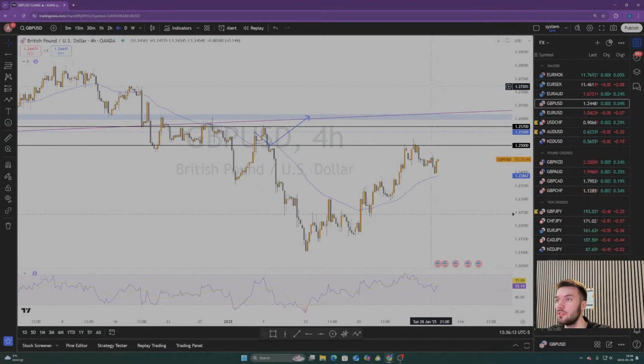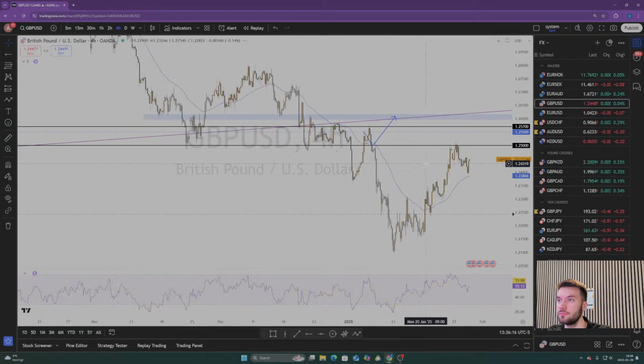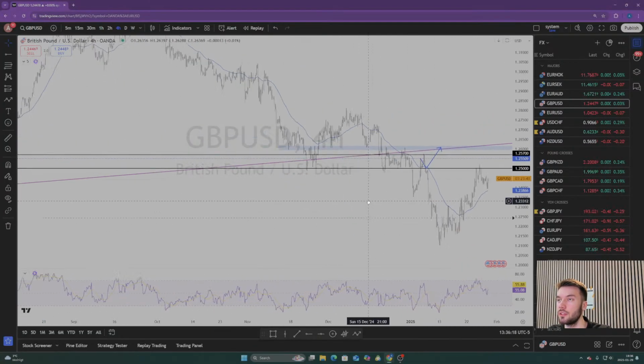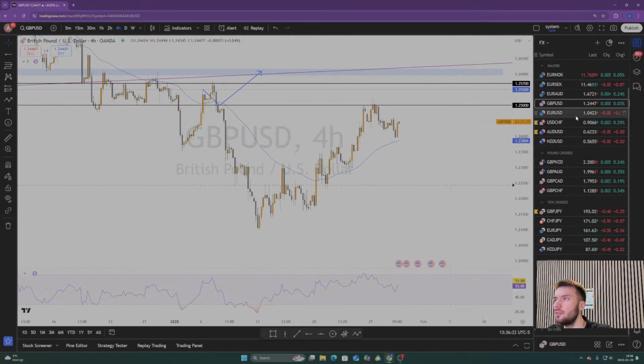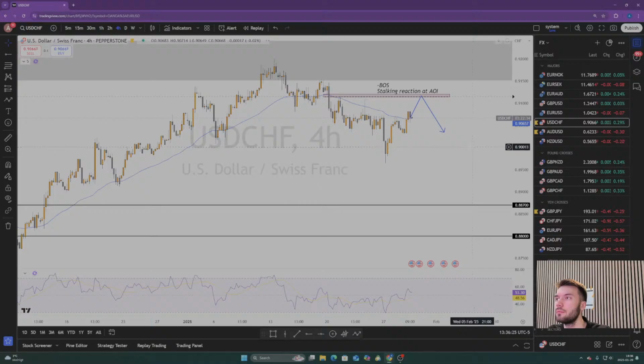GBP USD, still in a downtrend here. Euro USD, USD CHF.